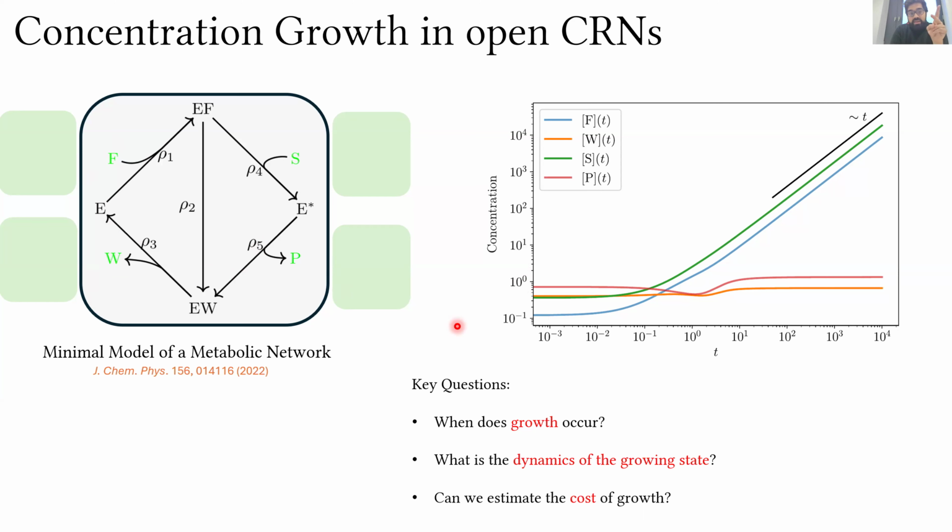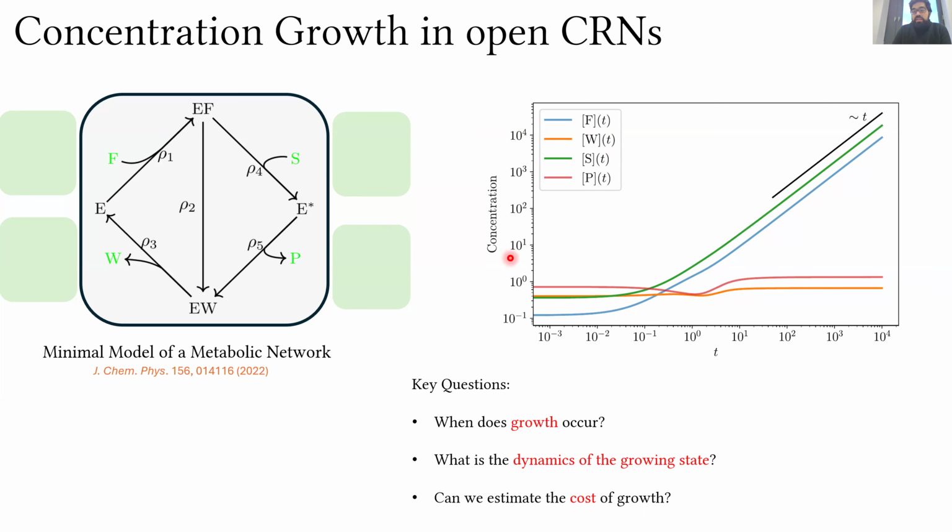In the second regime, what he saw was this kind of behavior, which I plot on the right-hand side, where this is concentration in some rescaled units versus time in some rescaled units. You see that there is a continuous accumulation of F, and here I think you have F and S, whereas W and P are held constant. This we call asymptotic growth.